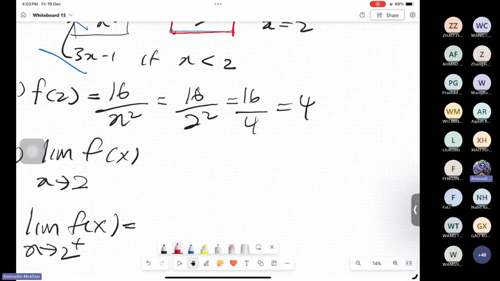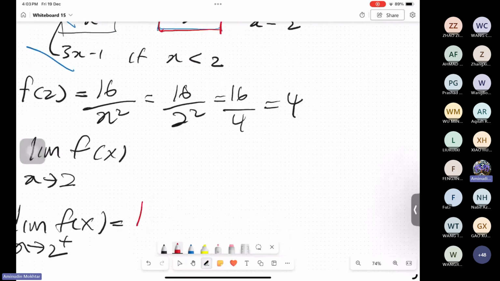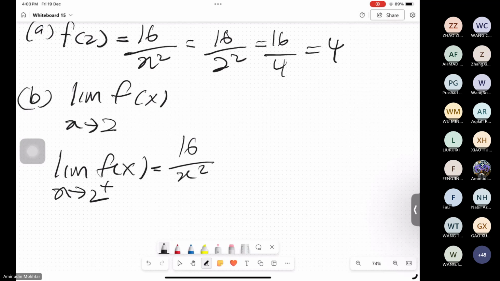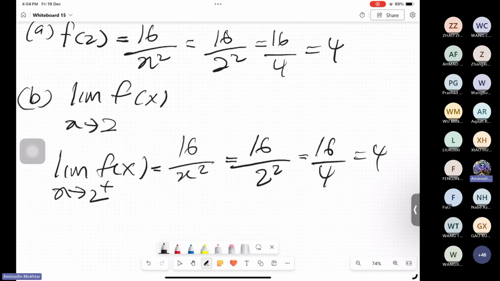So the first function we apply is 16 divided by x squared. Based on the property of limit, this is equal to 16 divided by 2 squared, which is 16 divided by 4, and the answer is 4.